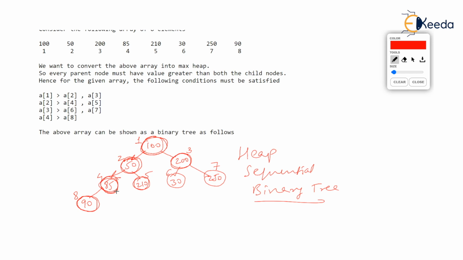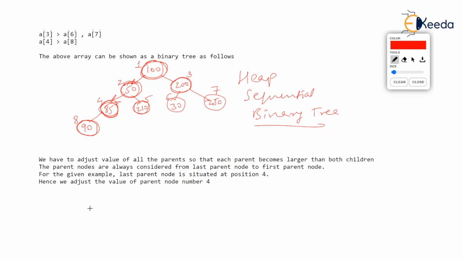So you start adjusting the last parent. What do you mean by adjusting the last parent? Somehow, you make this parent greater than its child. So let's see what we have written till now. We have to adjust value of all the parents, so that each parent becomes larger than both children, obviously. Then only it will be max heap.